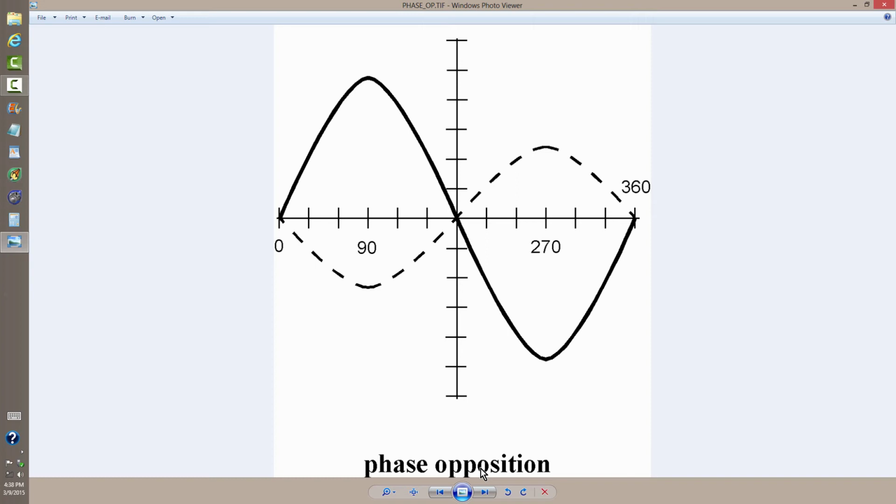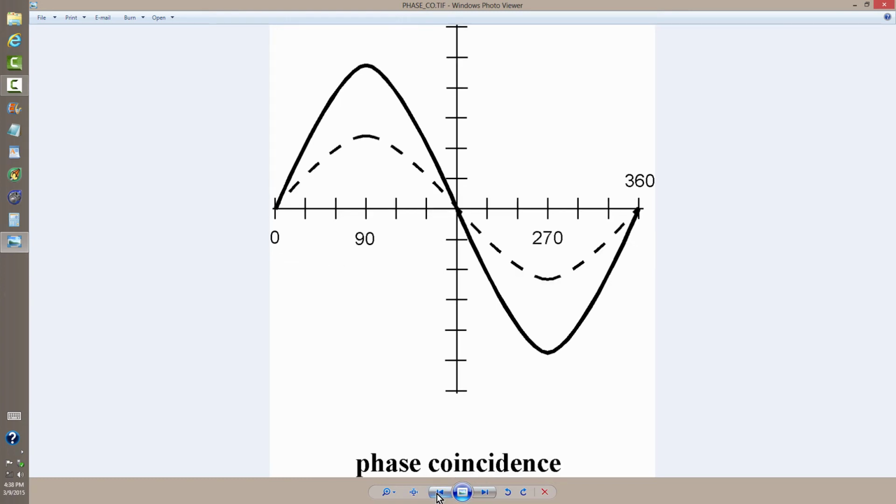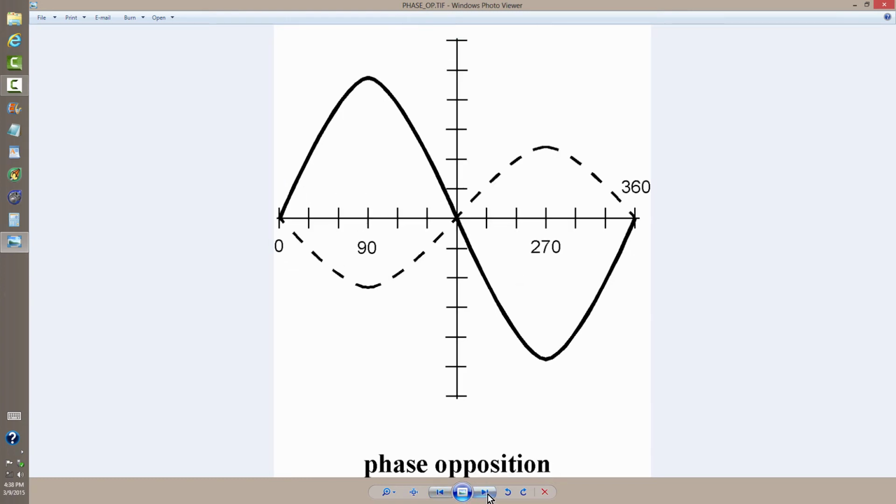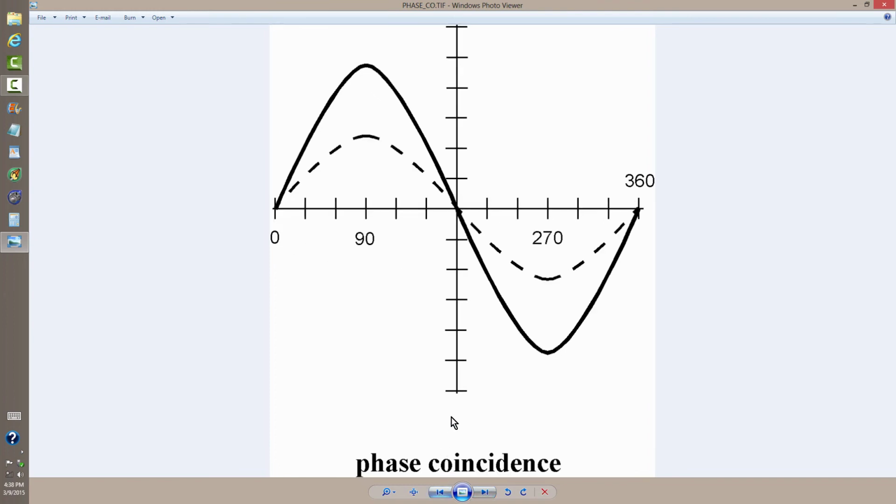I believe it also applies to, but only very specific types of waves. So phase opposition is not the same thing as a 180 degree phase shift most of the time, although it is in these cases. So phase coincidence, the two waves line up with each other.